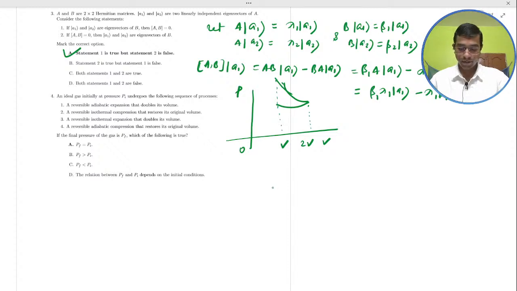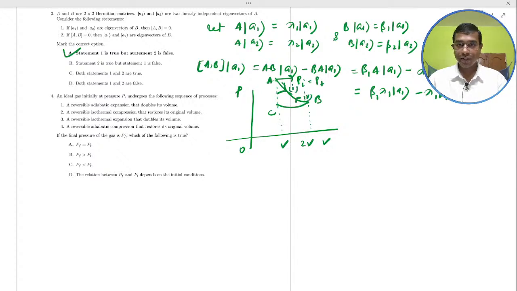And here these are the points A, B and C. Here the P initial equals P final.